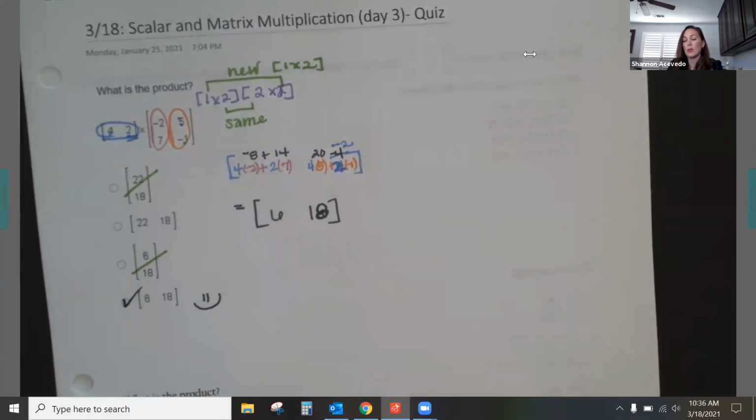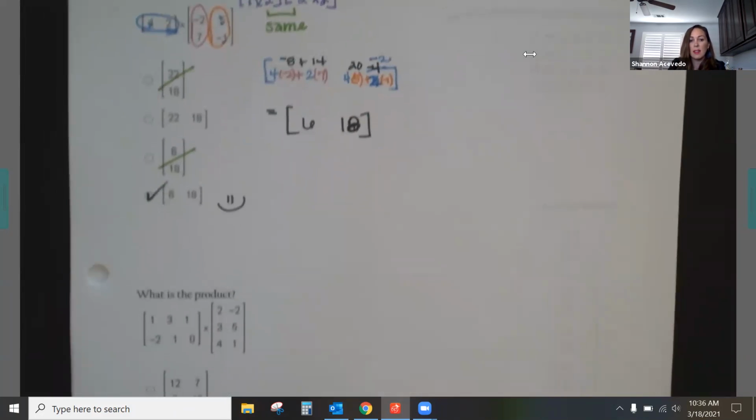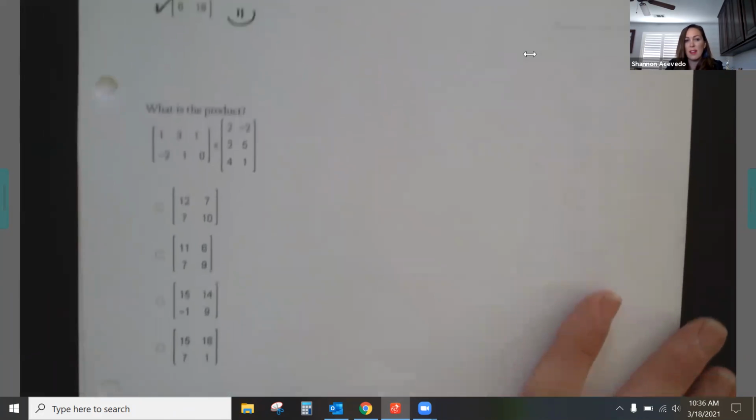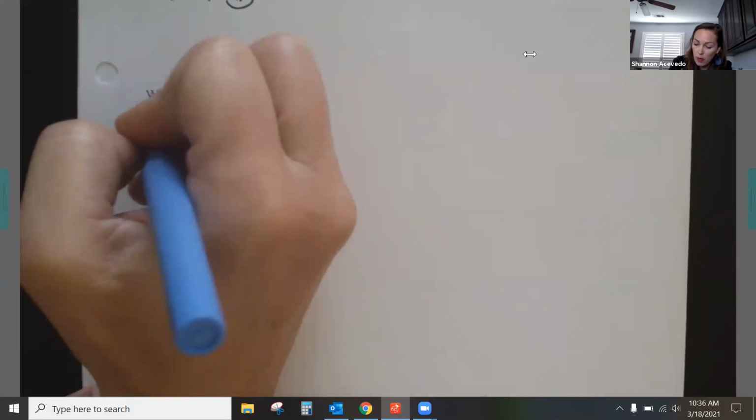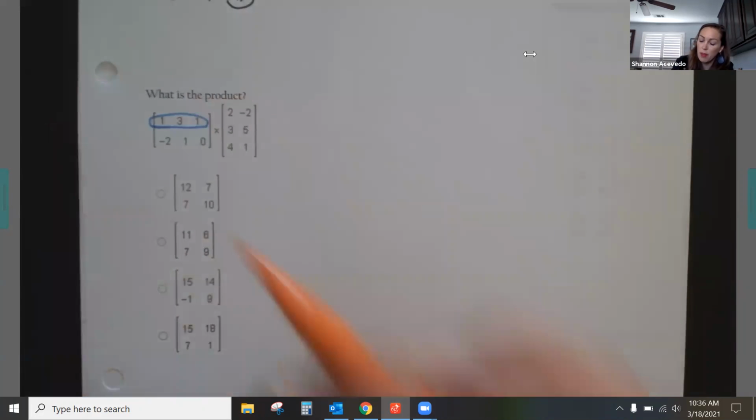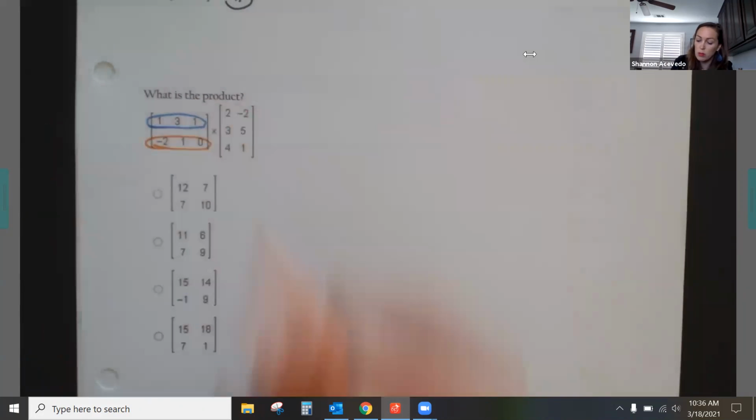All right, my next one. My solutions are all the same dimension, so I already know it's going to be a 2 by 2. For the first matrix, we're looking at the rows.